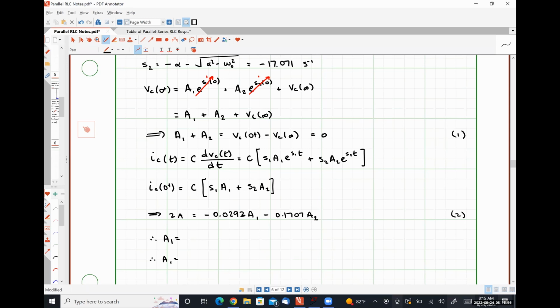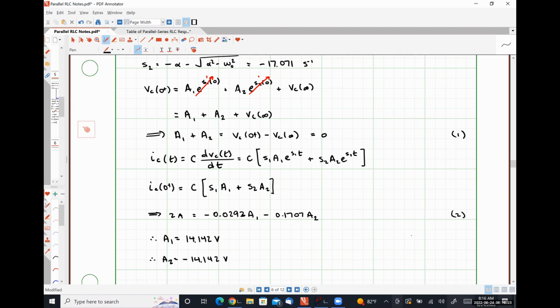In solving, I find that A1 is 14.142 volts, and A2 is negative 14.142 volts.